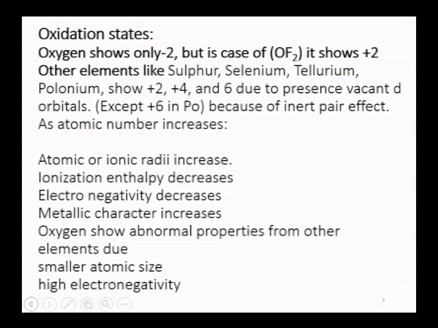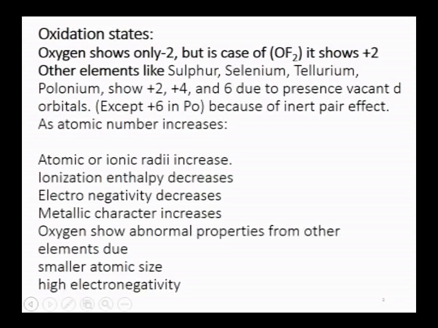Other elements like sulphur, selenium, tellurium, polonium show +2, +4 and +6 due to the presence of vacant d orbitals. Except polonium, which does not show +6 valency because of the inert pair effect.